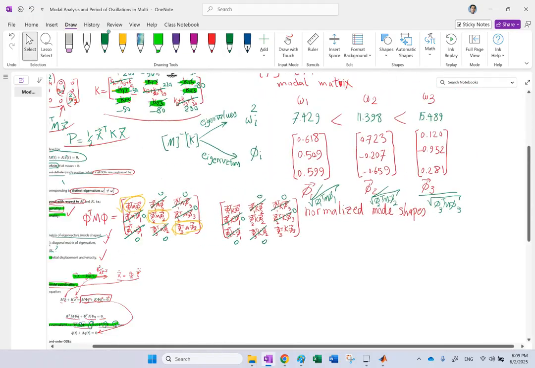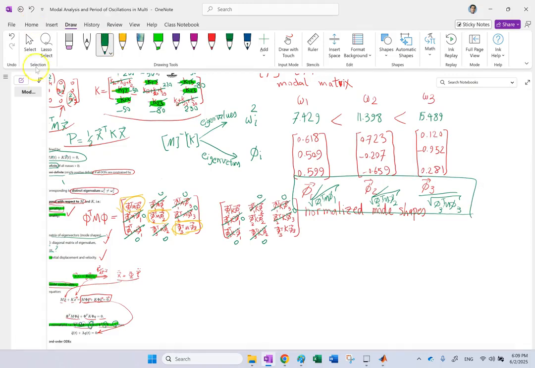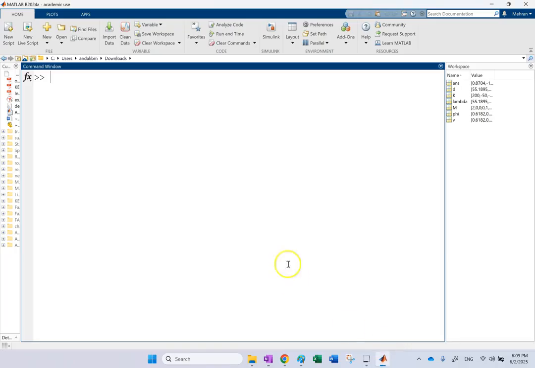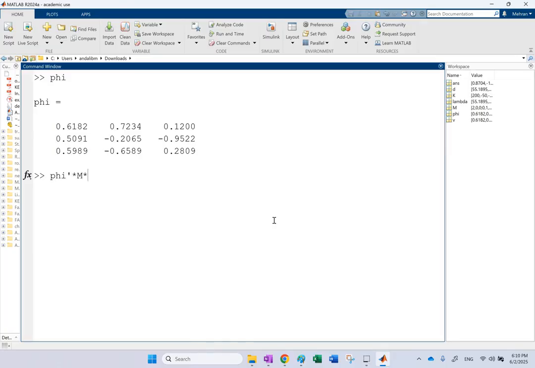So going through this, as I said, this thing here is called mass normalization. Let me show you what that means. So this is my phi matrix. The other thing I need is to multiply phi transpose by m by phi. Remember, as I said, all the off diagonals are going to be 0. These diagonals are going to be non-zero.